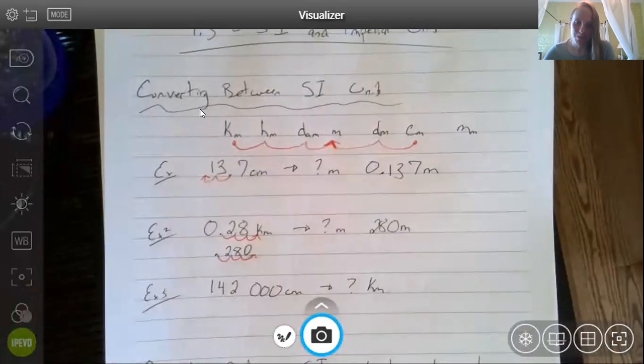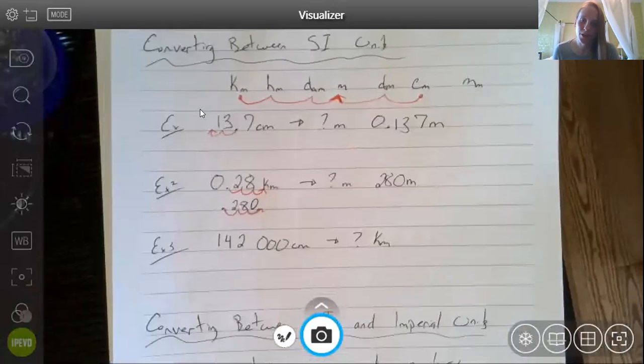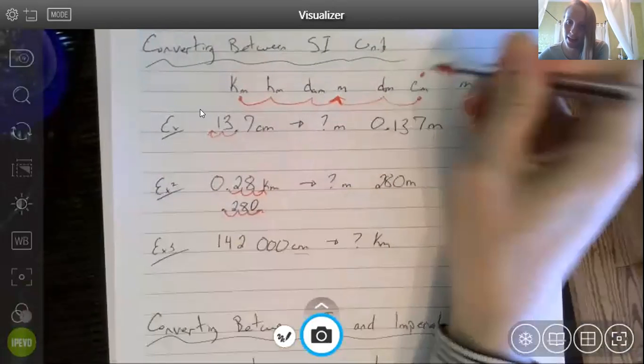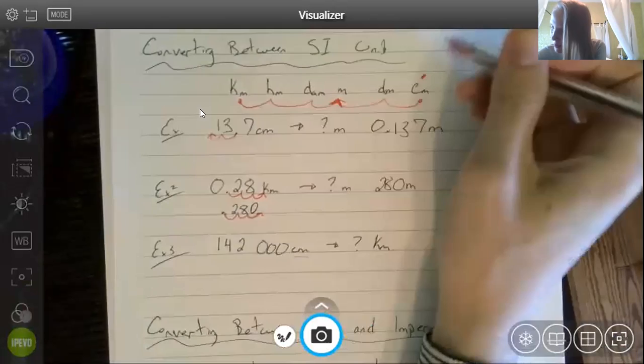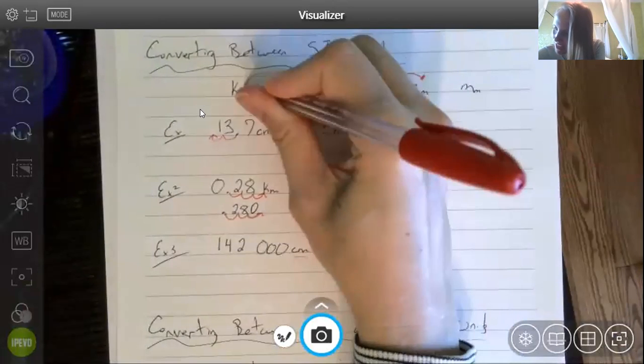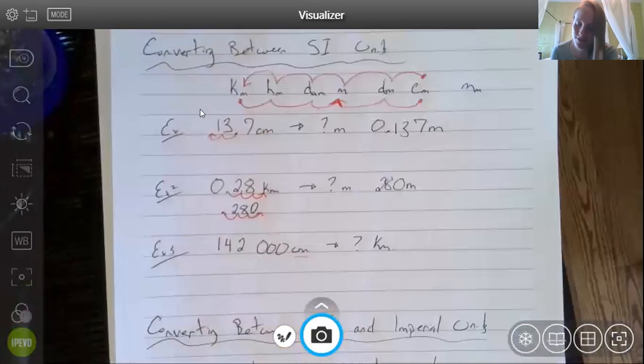One last example, I have 142,000 centimeters. I want to know how many kilometers that is. So I'm going to start with my centimeters and move all the way to kilometers. So 1, 2, 3, 4, 5 spots to the left.